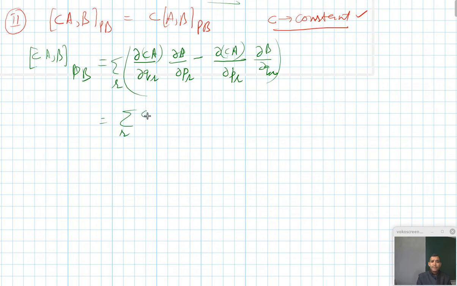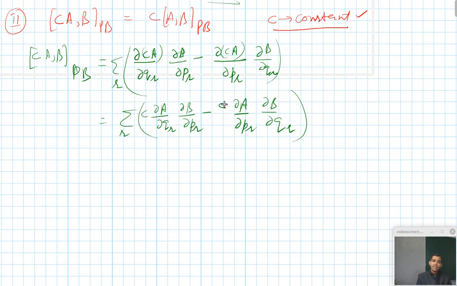So it is C, ∂A/∂q_r ∂B/∂p_r minus C, which can again be taken outside, so ∂A/∂p_r and ∂B/∂q_r.